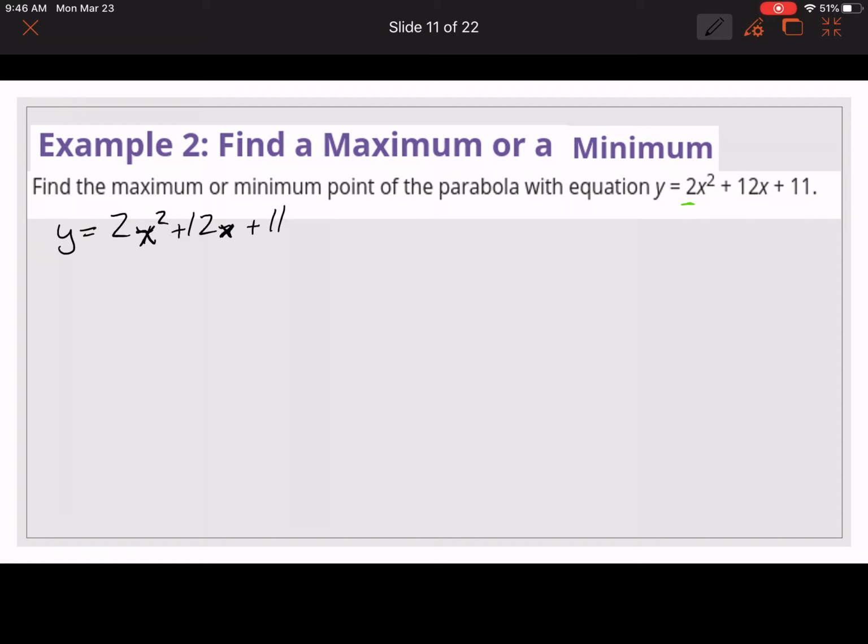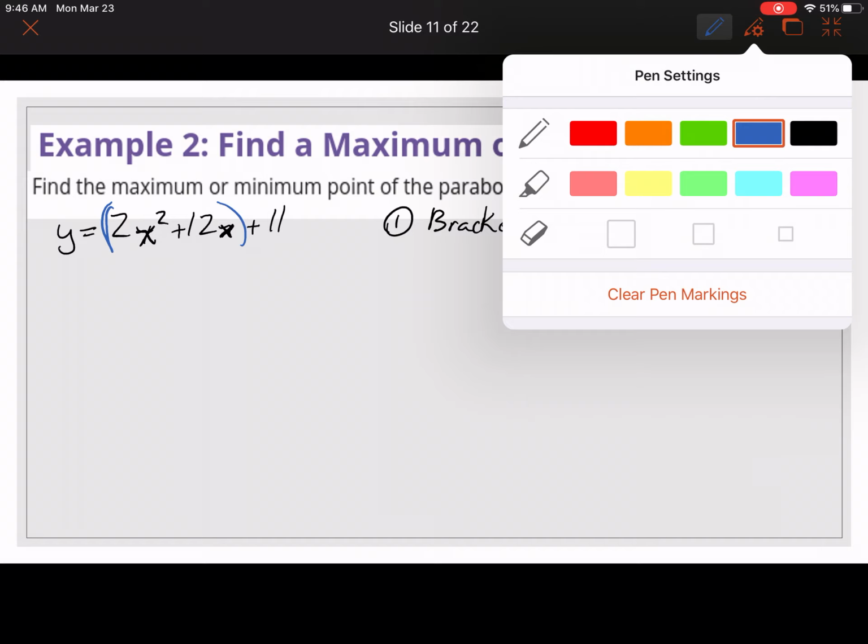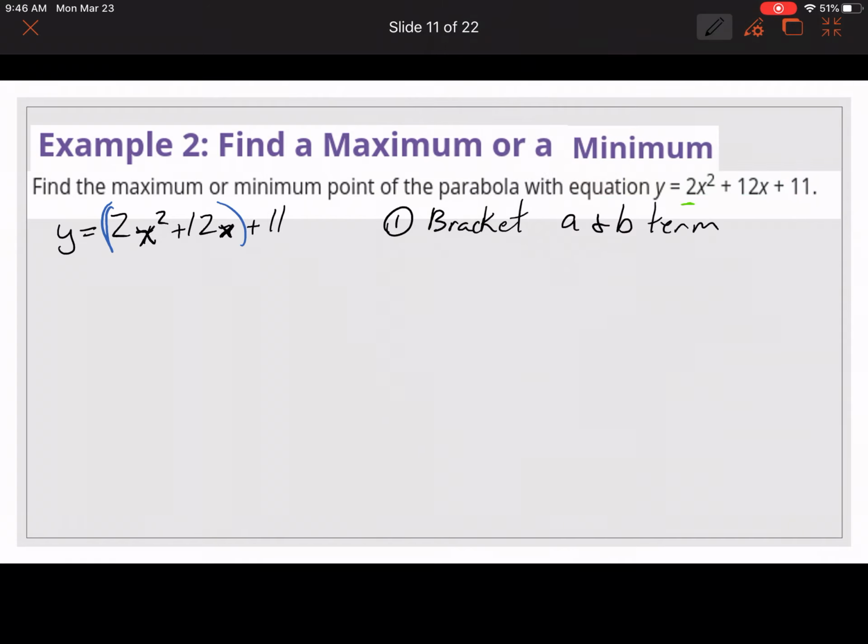So still, we want to bracket the A and B terms. But now we need to get rid of that 2. In order to get rid of that 2, we need to factor it out.